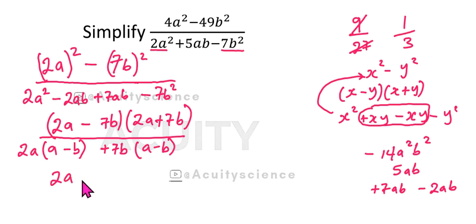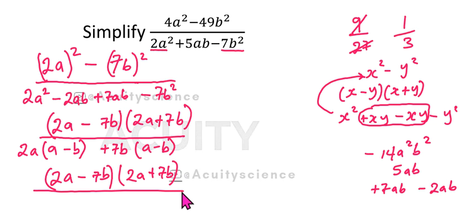Okay, one more step. Let's rewrite that. 2a minus 7b, close that bracket, and then 2a plus 7b, we close. Over. Let's make this into a bracket: 2a plus 7b, we close. We open another one: a minus b.